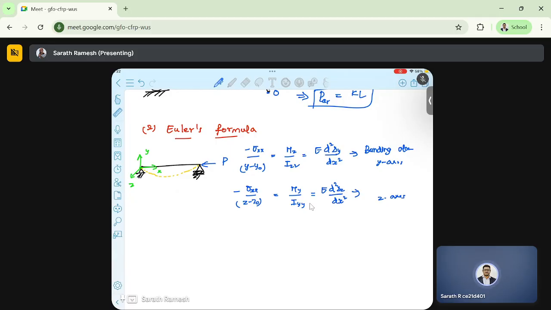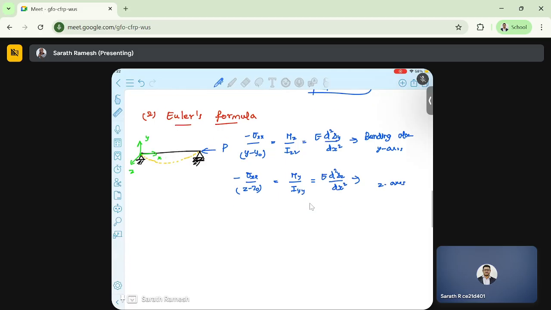Of the two possibilities, we will see which one governs the buckling, the y-axis or the z-axis. It depends on the moment of inertia value and the radius of gyration value.